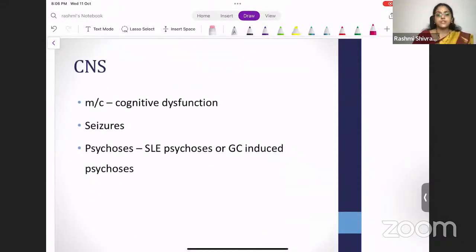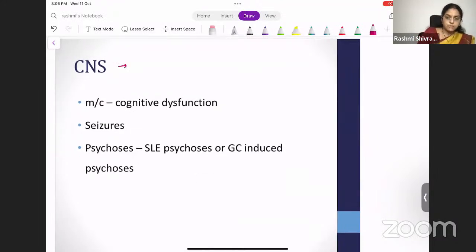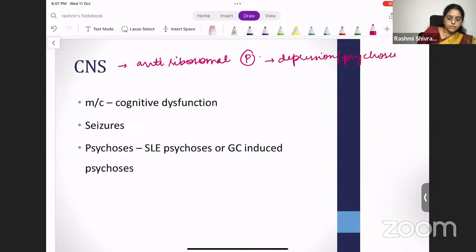Next is CNS lupus. I told you which two antibodies you must remember. The most important one is anti-ribosomal P antibody, which is seen in patients with depression or psychosis in CNS lupus.